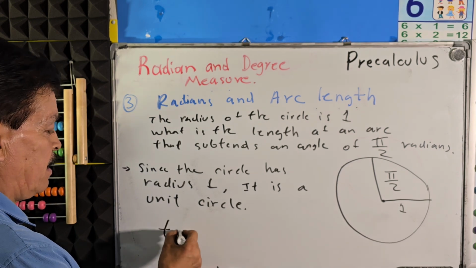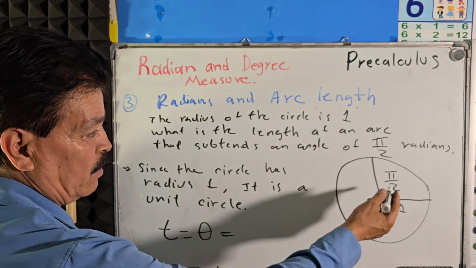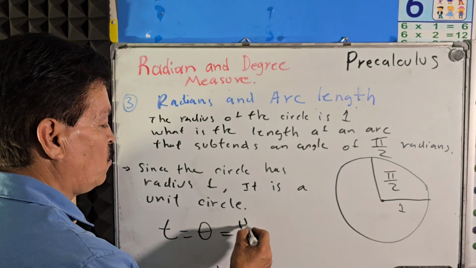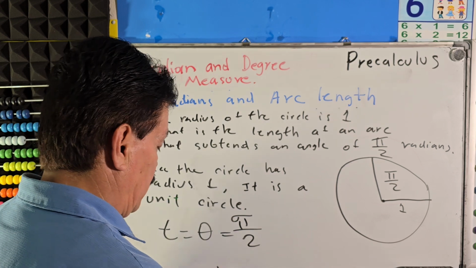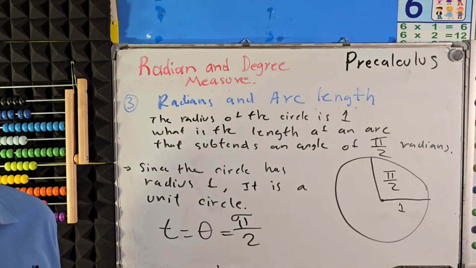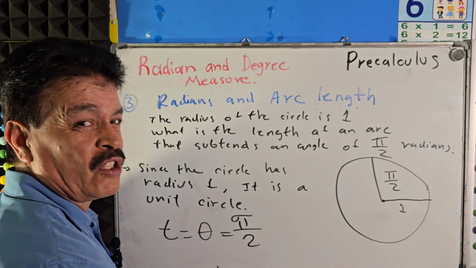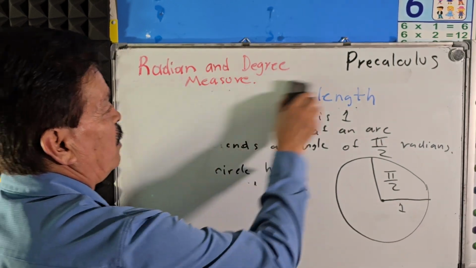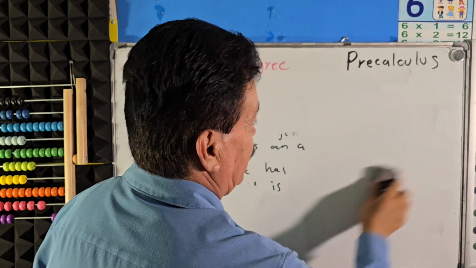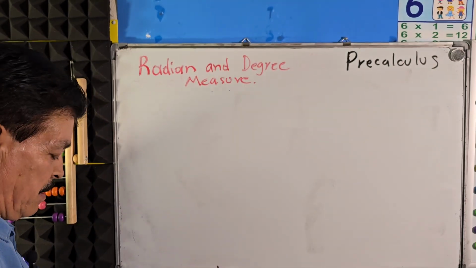So t is equal to the angle. This is the symbol. How much is here? You have the answer already, so just write it: pi divided by 2. That's the solution to our problem. There's no confusion here. It's very simple and easy. With the main concept, you have the answer.